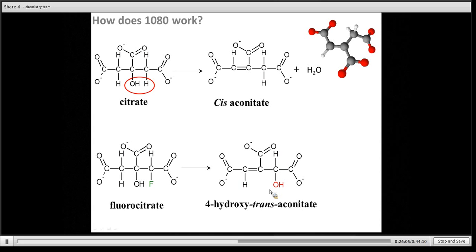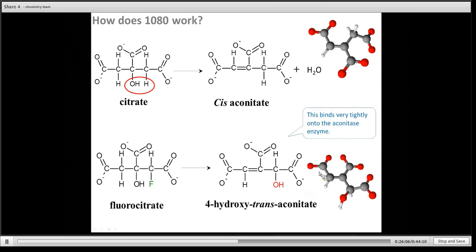Just the particular shape of it is enough to make it lock on by hydrogen bonding and its shape, and it won't come off. And when it won't come off, this enzyme is not now available to go and convert more citrate to the isocitrate, so the system stops. Okay, so here we can carry on to the isocitrate, here we can't.